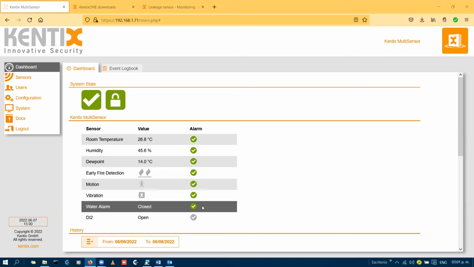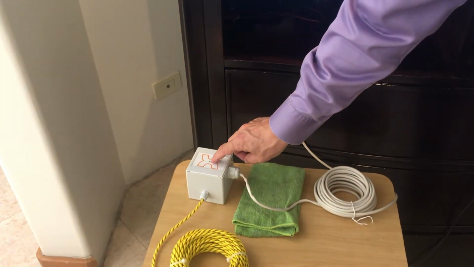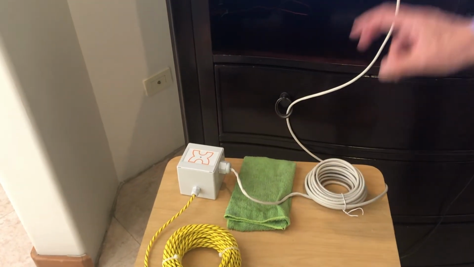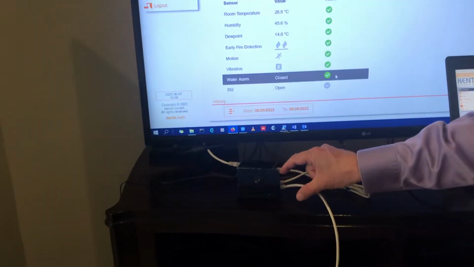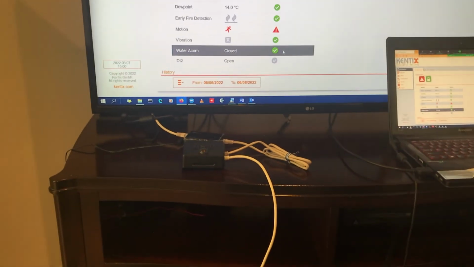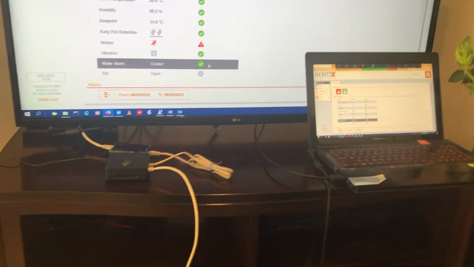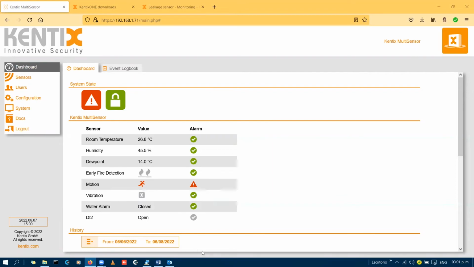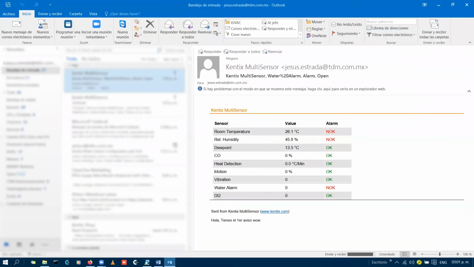And there are 3 alarms. One is this little light that goes from green to red. The second is the sound alarm. And the third is the email. It sends you an email. So you can see here the email that it sends, where it detects the room temperature, the humidity, the dew point, and all.